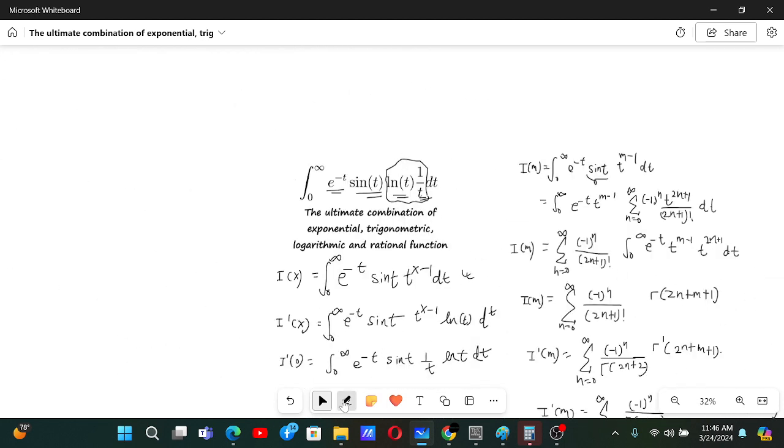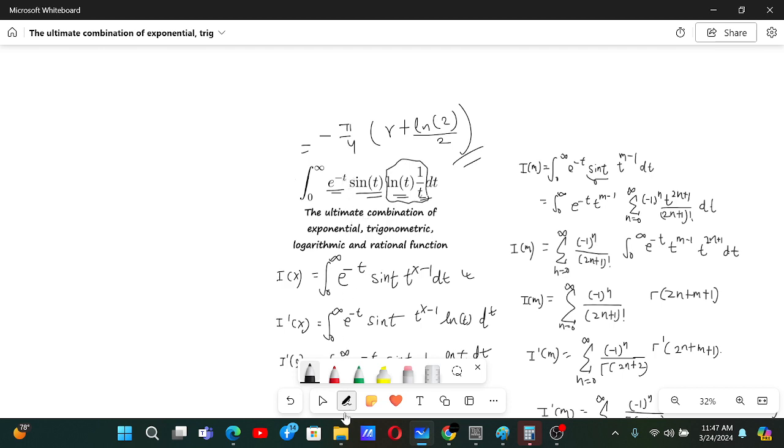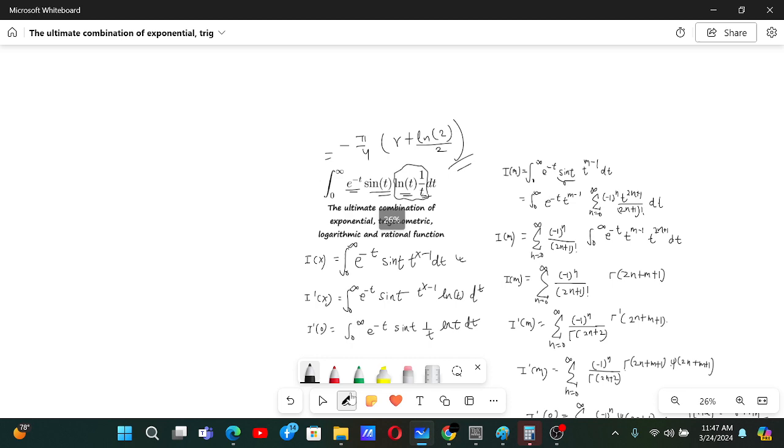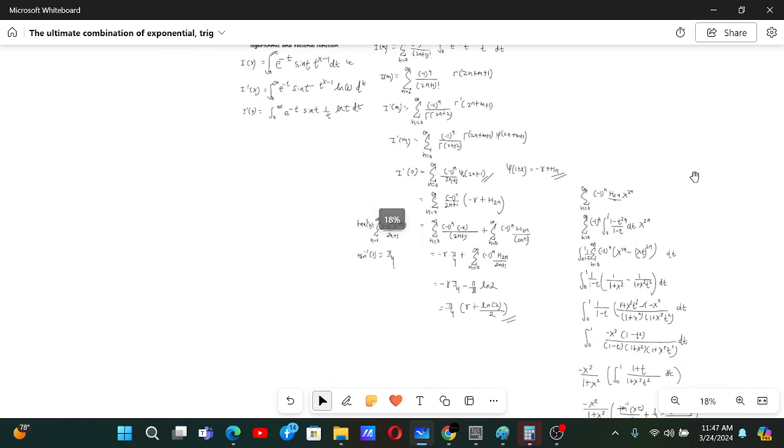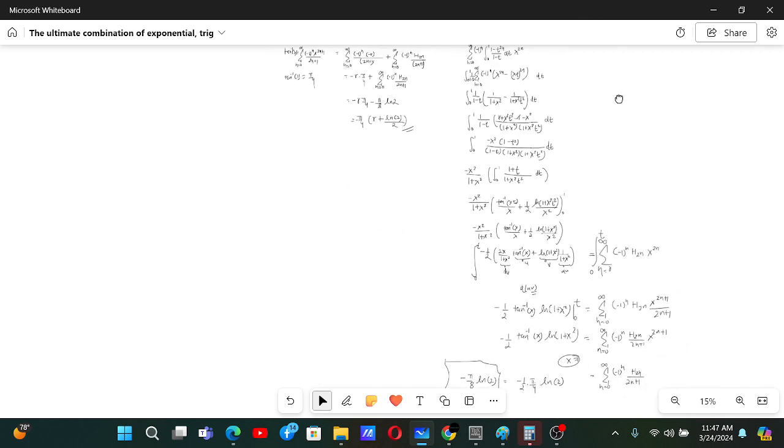And this one is finally minus pi by 4 times the Euler-Mascheroni constant plus ln 2 by 2. And it feels so nice to have integrated such a combination of a lot of different functions. So to talk about the flow of the solution, okay, this is too long though.